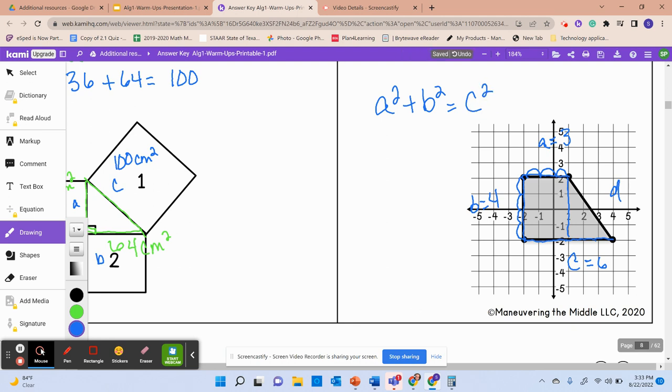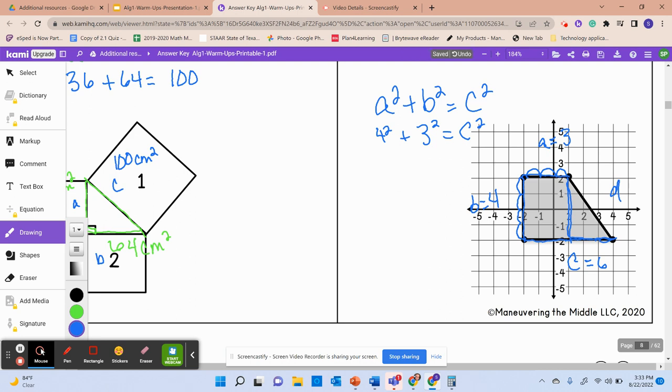Well, when we look at this, the height is 4, so you need 4 squared plus the bottom is 1, 2, 3, plus 3 squared is equal to C squared.